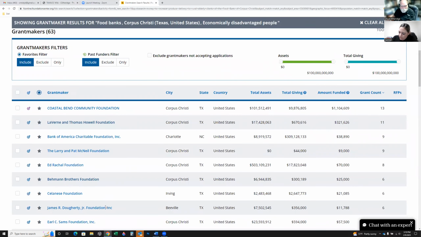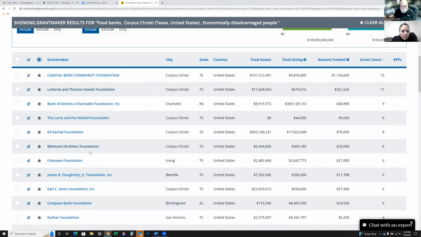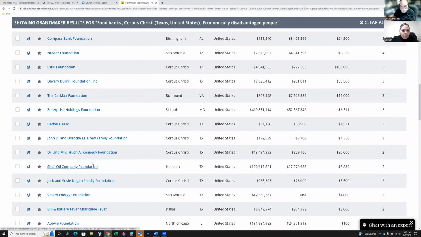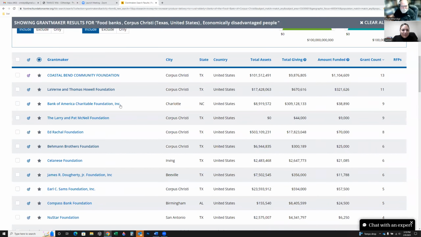The Beeman, Doherty, Sam's is doing, well, the order changed, which is interesting. When we looked at it before, it had Compass Bank, and now I'm trying to see where that went. Oh, there it is. The Compass.